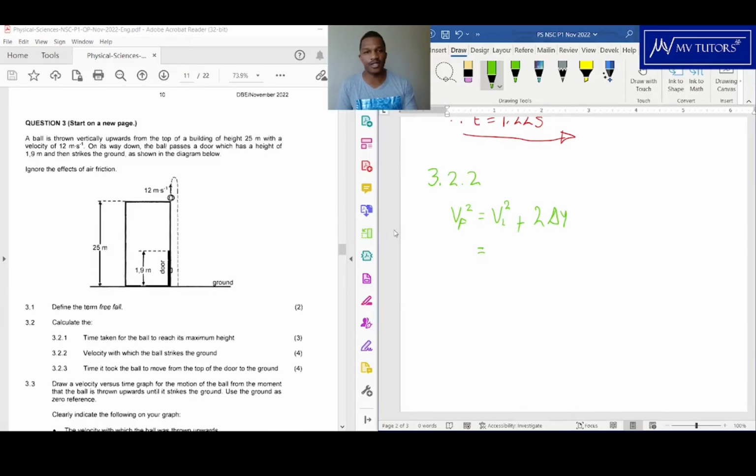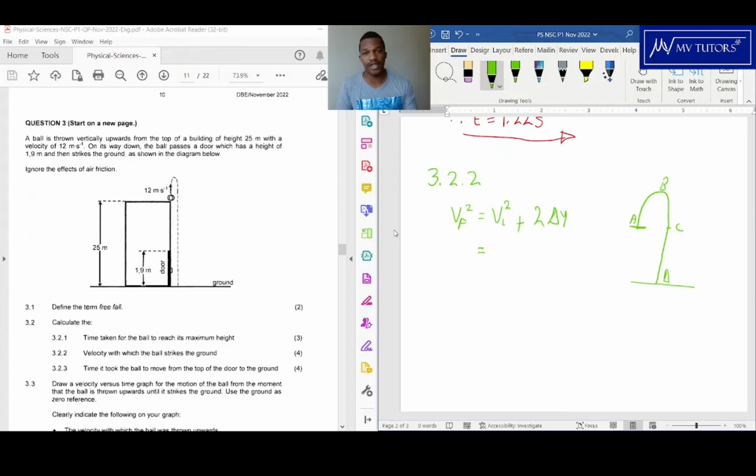Our initial velocity, now there are many points we could start at. We already said that was point A there. That's point B. I want to name this point C here, and then the ground, I'll just name it D. Now I want to start this motion from point C. Theoretically, we know that the same velocity that the ball leaves A is the same velocity at C. The only difference is direction.